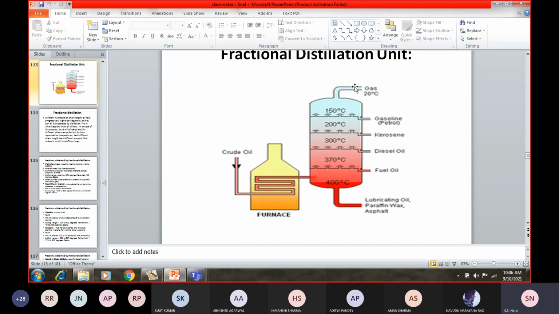From the top, where we have a good amount of gases, all cannot be utilized as such in the fuel, and therefore they will move into another column or reactor which is known as a polymerization reactor. Very small molecular weight components will join together to form a larger component, gasoline, kerosene or diesel.